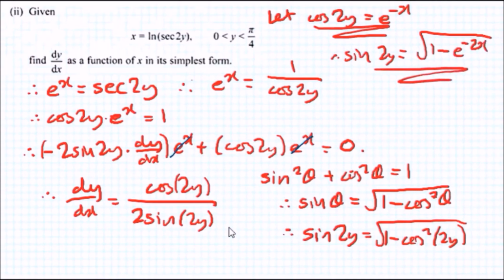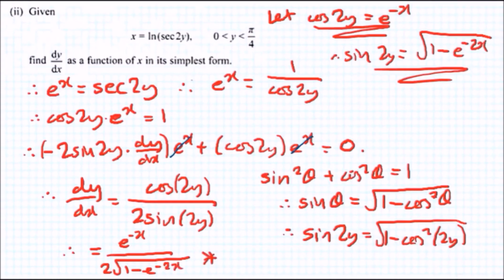Plug both of these into the final equation, and you're going to get, therefore, dy/dx equals e^(-x) all over 2 times the square root of 1 minus e^(-2x). Voila. And yes, this works. I tested it with another method, which is using cot, but this is the way to do it, and hopefully you guys got something like this.